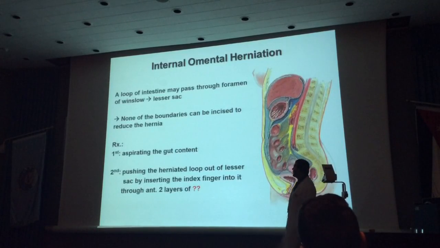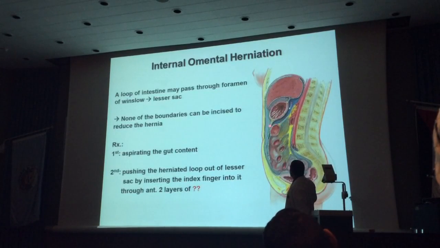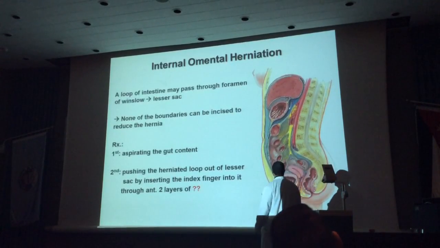So you can push the herniated loop out of the lesser sac by inserting your index finger into the lesser sac, through cutting here the two layers, the anterior two layers or the descending two layers of the gastrocolic ligament of the greater omentum. Gastrocolic ligament of the greater omentum.